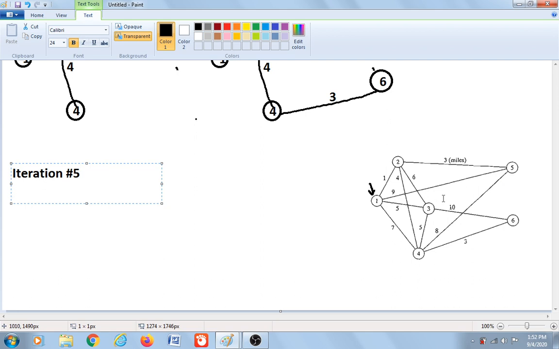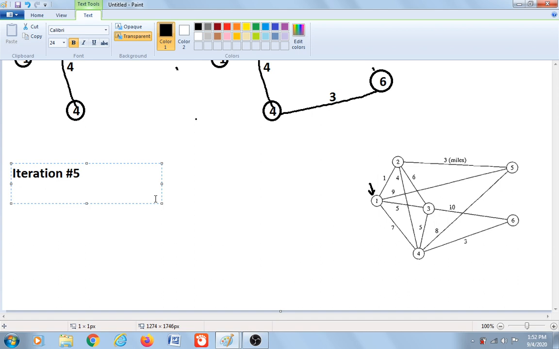Okay, so the shortest distance to 3, that will be from 4 to 3 or from 1 to 3. Okay, so the distance is the same. They are 5. So we need to choose which one. It doesn't matter. Okay, it doesn't matter. You can choose anything that you want, since they have equal value.